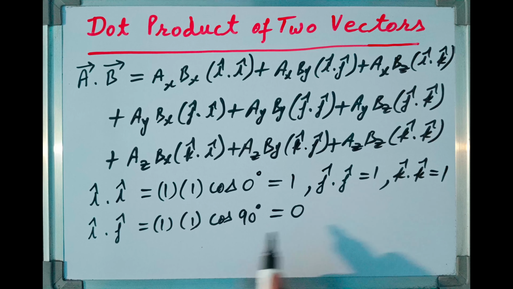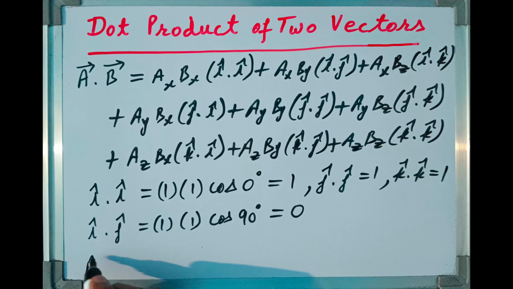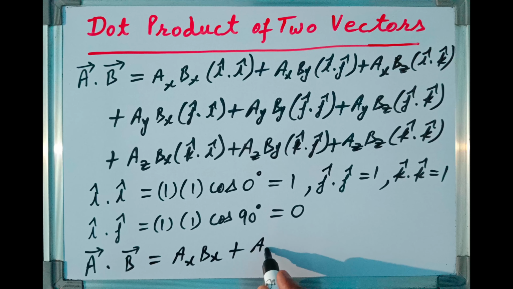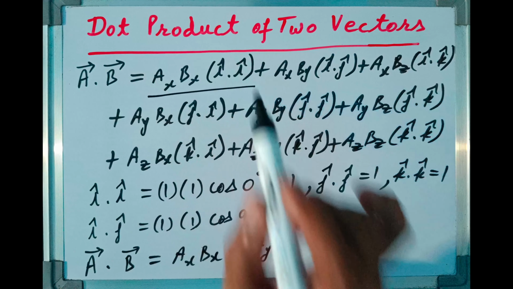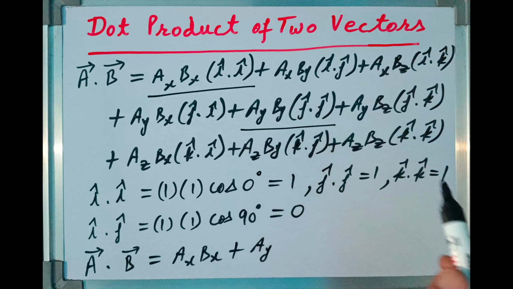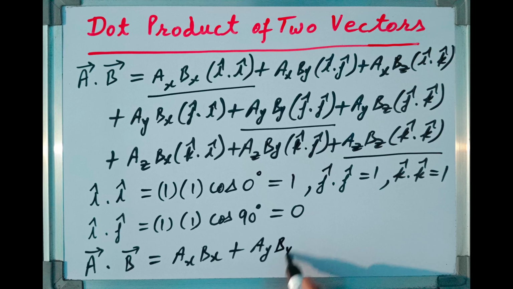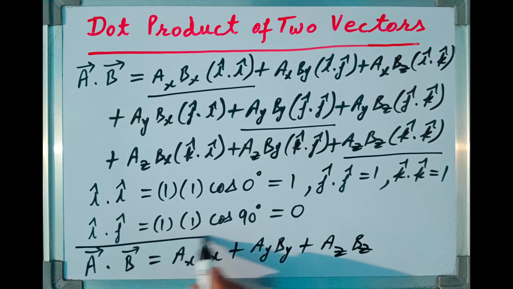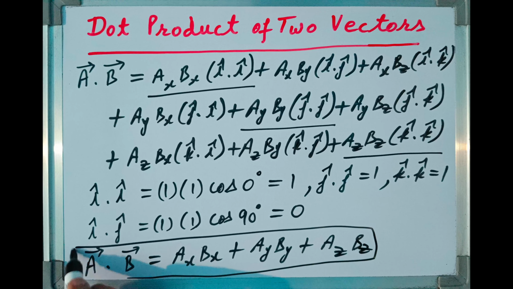So putting these values of dot products, I can write A vector dot B vector is equal to ax bx plus ay by plus az bz, since the other terms are zero. So this is how we have obtained the dot product of two vectors in terms of rectangular components of the given vectors. This formula is very useful in solving some numerical problems.